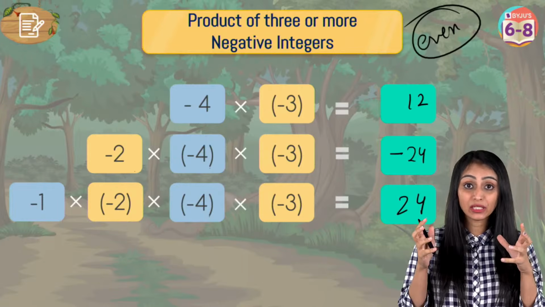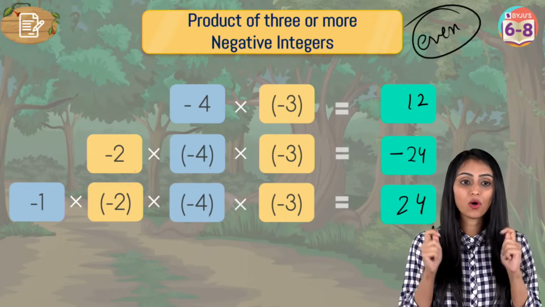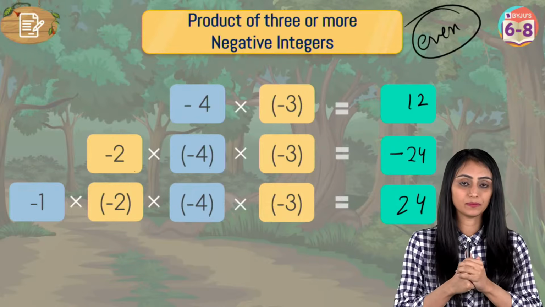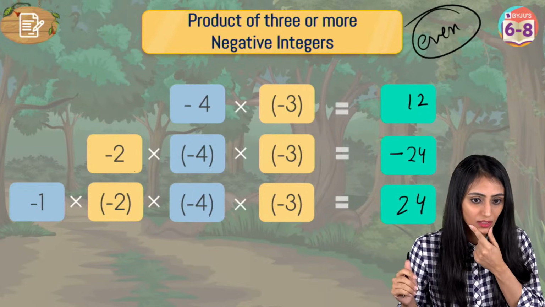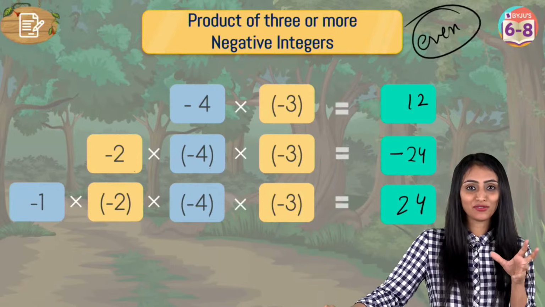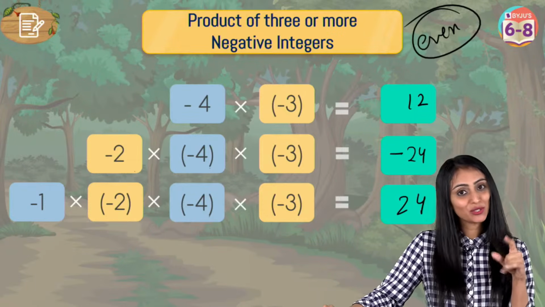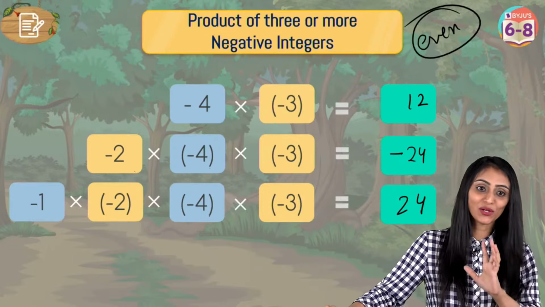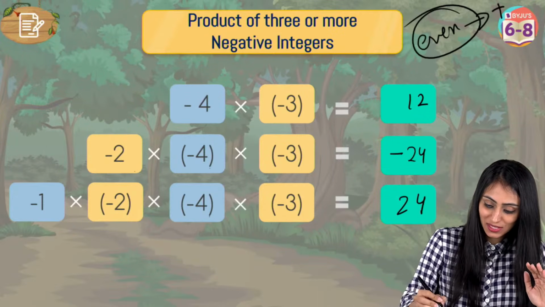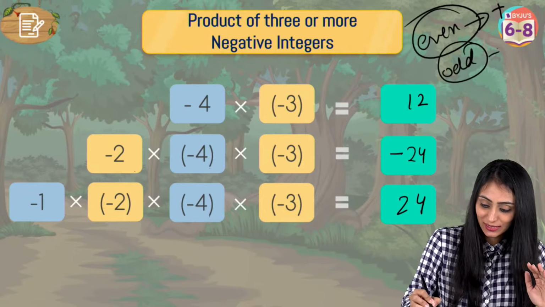But if the number of negative integers in a product is odd, we always get a negative result. I am just writing it down here. If they are even, you get positive. If they are odd, you get a negative result.